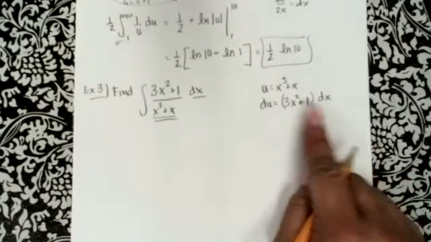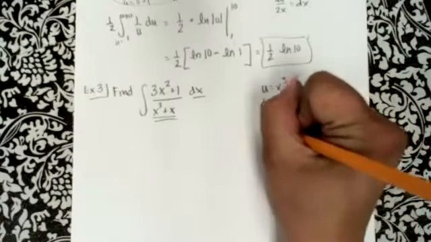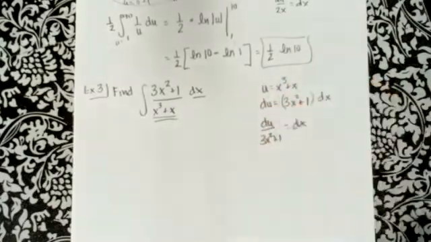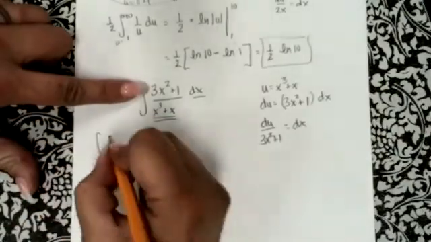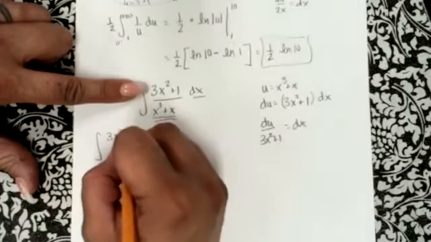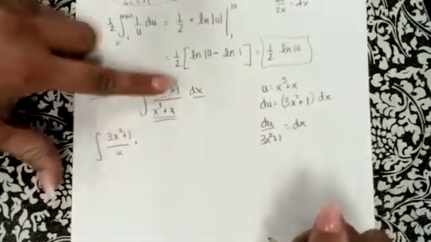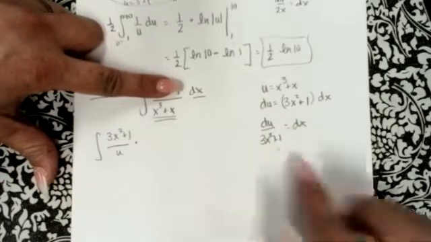I'm going to divide both sides by 3x squared plus 1. So du over 3x squared plus 1 is equal to dx. My numerator, I'm going to leave it as 3x squared plus 1. My denominator is now going to be the u. And then dx is du over 3x squared plus 1.